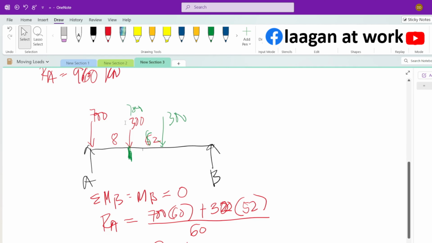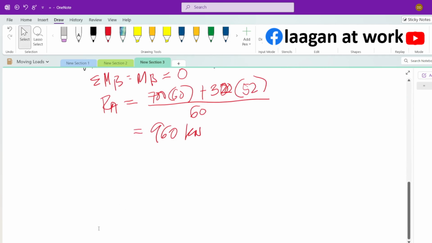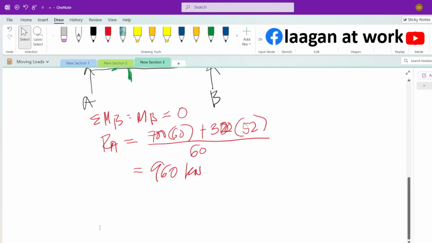But I don't know, for some reason he positioned the 700 8 meters away. That's why his calculations say 700 times 60 minus 8, and then plus 300 times 60 minus 16. I just don't know why he positioned it 8 meters away. But yeah, so the maximum shear at A should be 960 kilonewton.